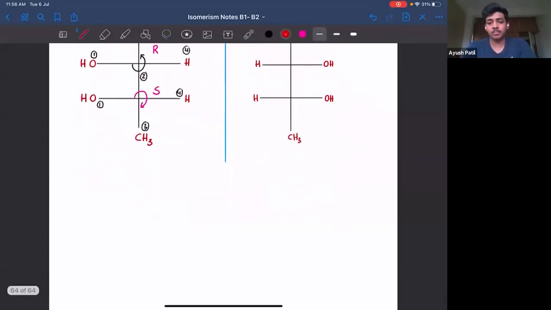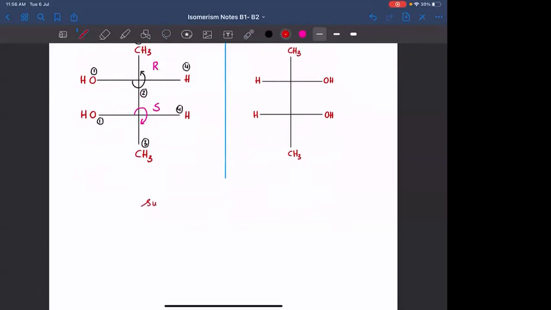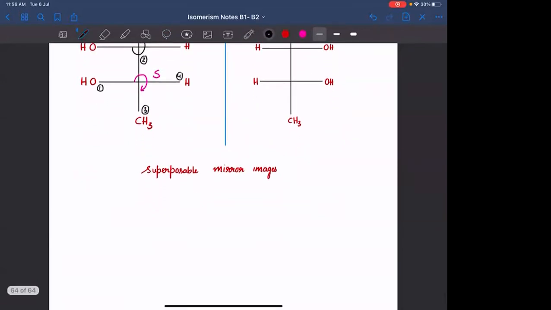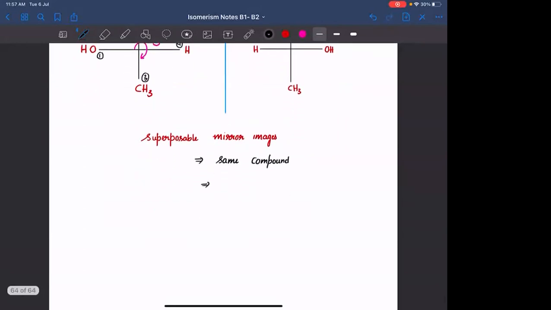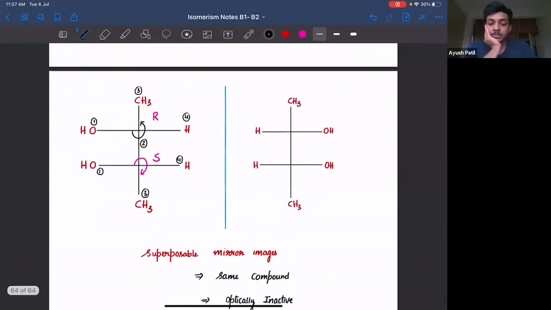These are superposable mirror images, which implies the same compound, which again implies that if they are superposable, they are optically inactive. Any doubt, anyone? No, sir.